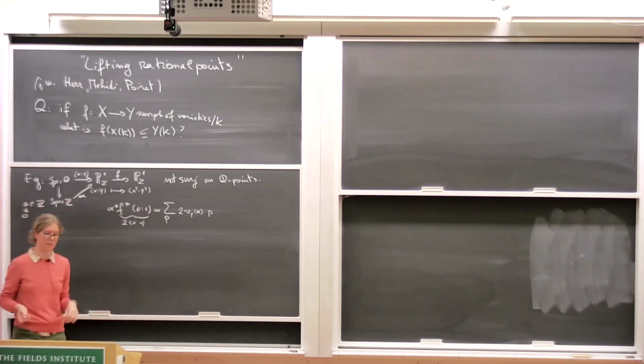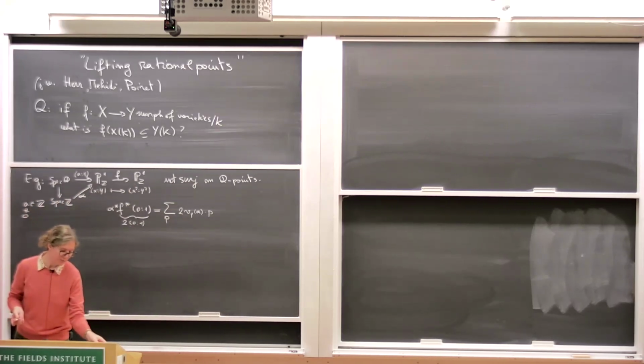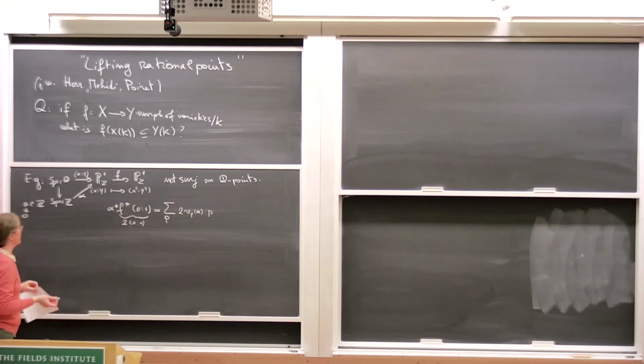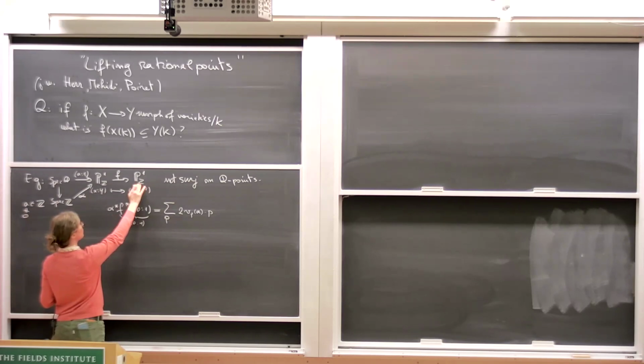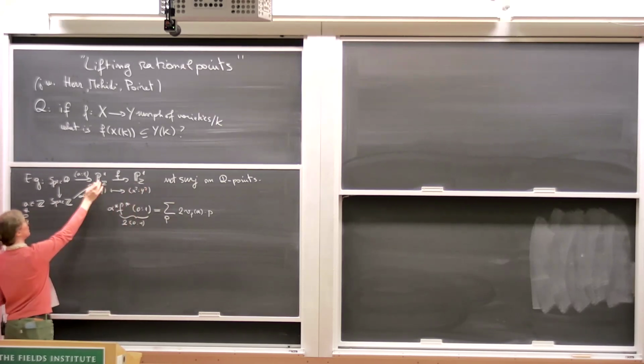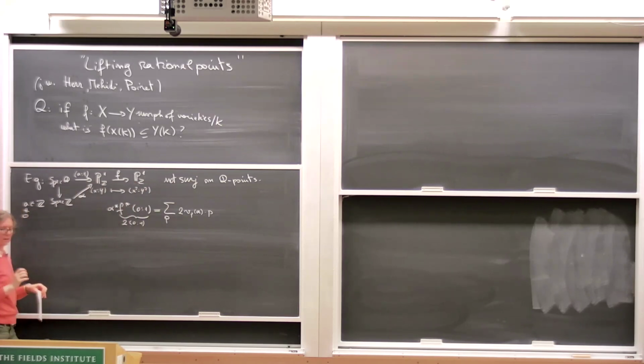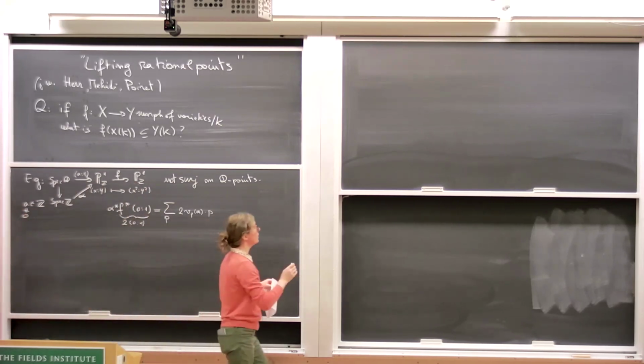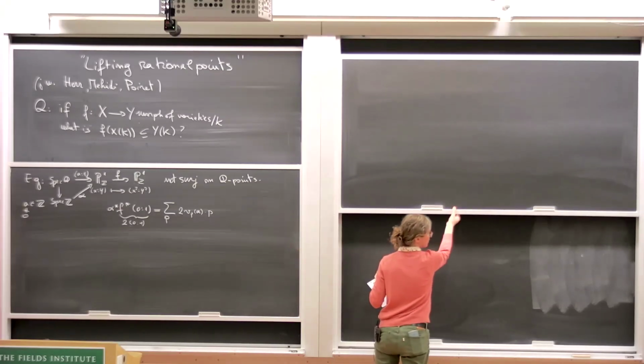Okay. So this is to give you the intuition. We want to know which points lift. So we want to know which points that are Q points on P1 are actually images of some Q points on this other P1. And what we do, we can prove the following theorem.